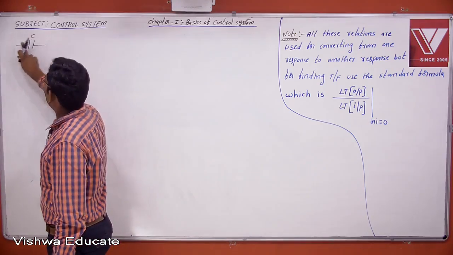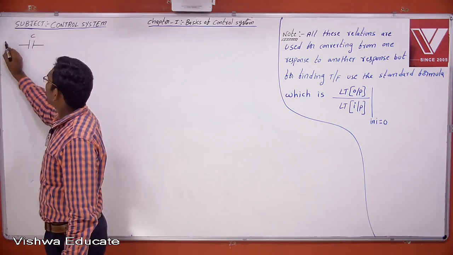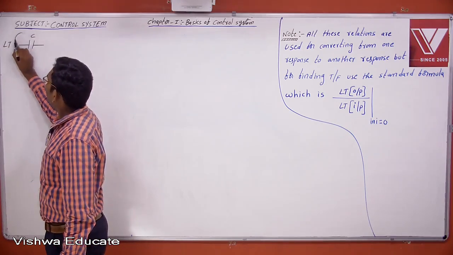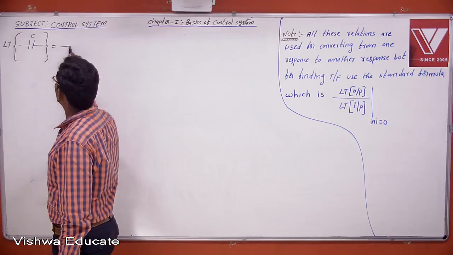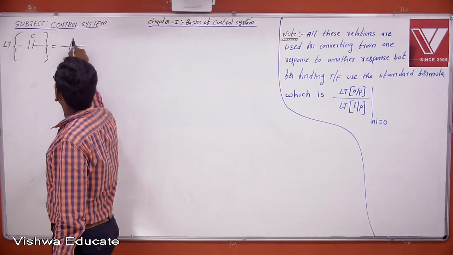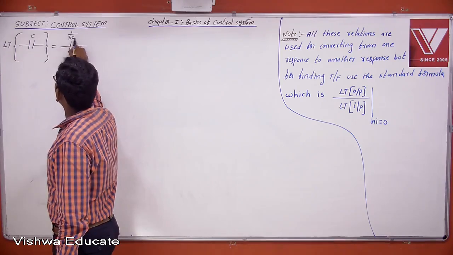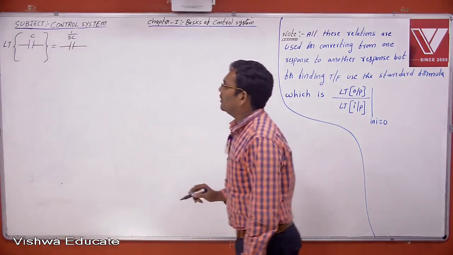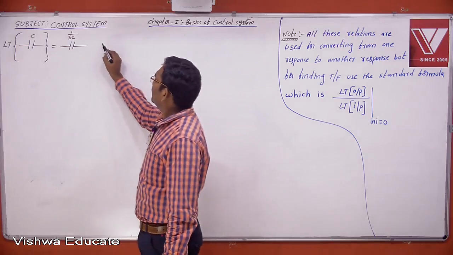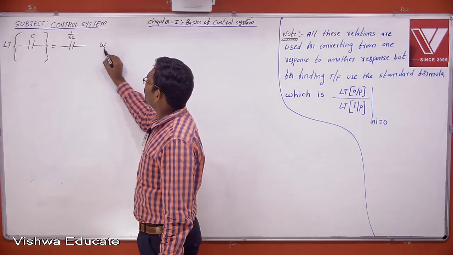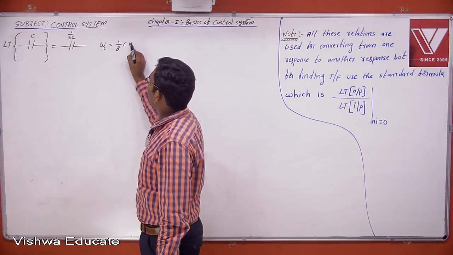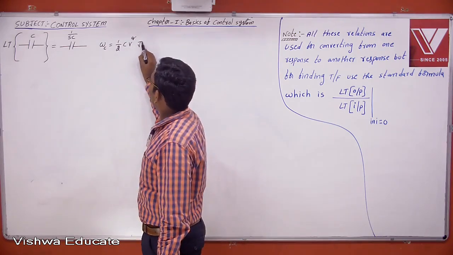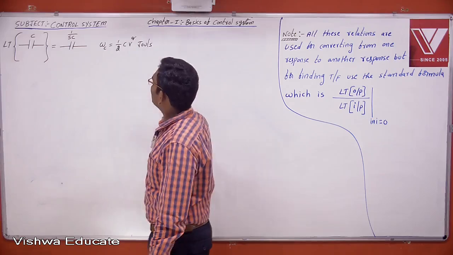Now the Laplace transformation of capacitor C is nothing but 1 by SC, and the amount of energy stored in the capacitor is half CV square. This is the energy stored in the capacitor.